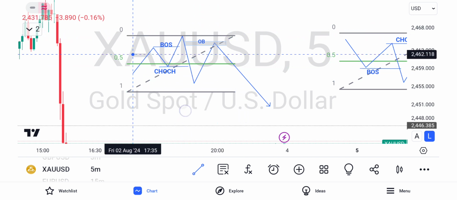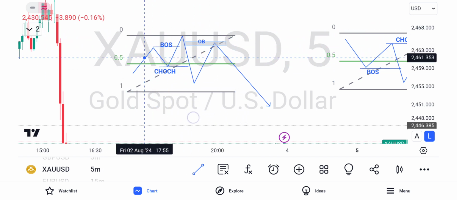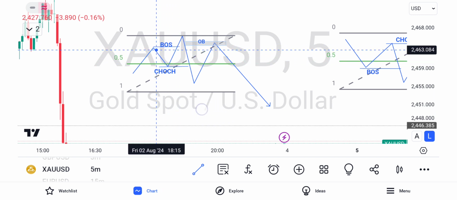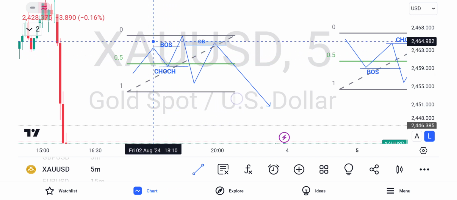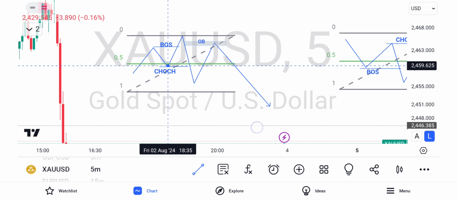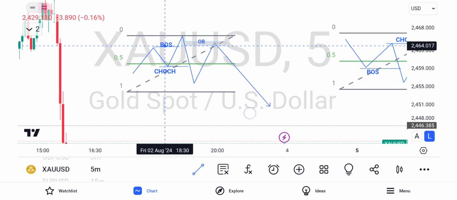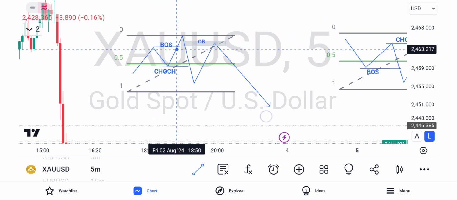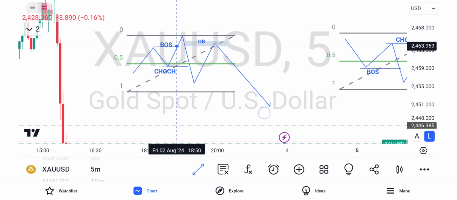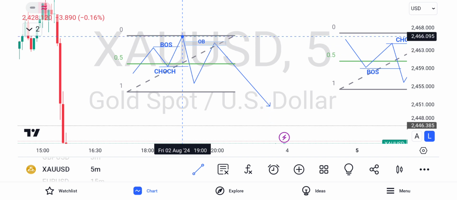Price was very sluggish around this axis at NFP today, and then price retraced down to this point. At the announcement of NFP, price shot up and gave us a reason for a break of structure here, and then eventually traded up a little.